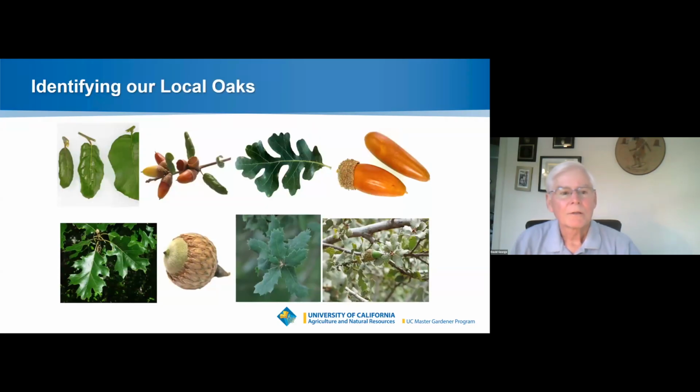So zooming in for identifying our local oaks, I have four sets of photos here. The upper left two photos are the leaves and acorns of the coast live oak. You can see the three different leaves are quite different in size. The oak tree produces very small leaves at the top of its crown near where it has abundant sunlight.